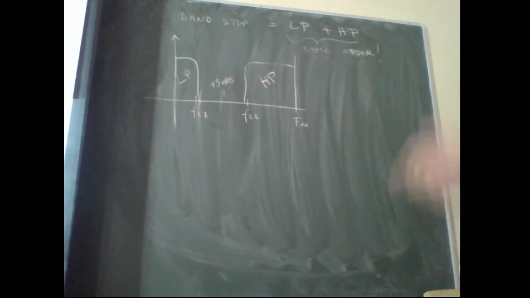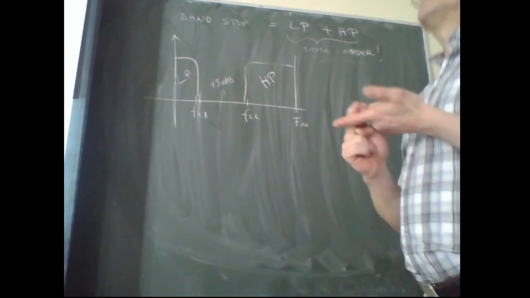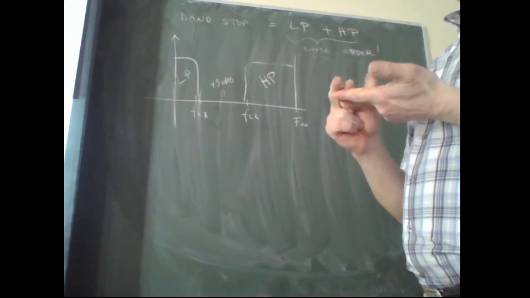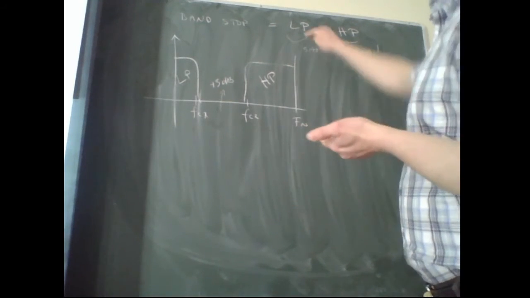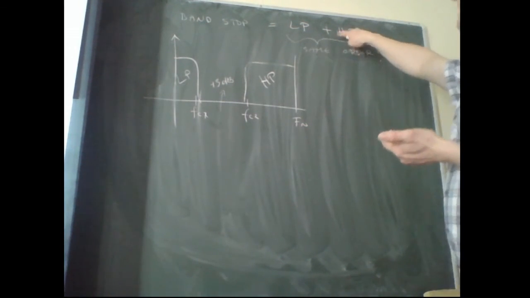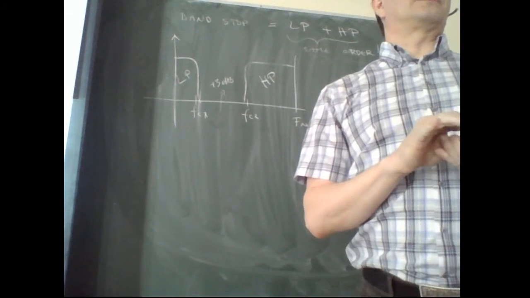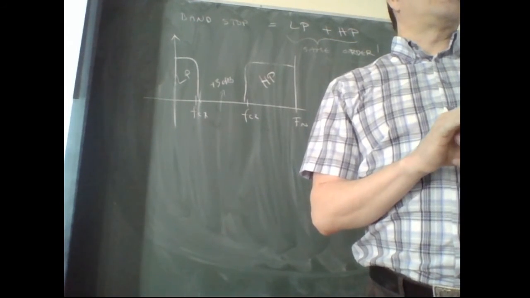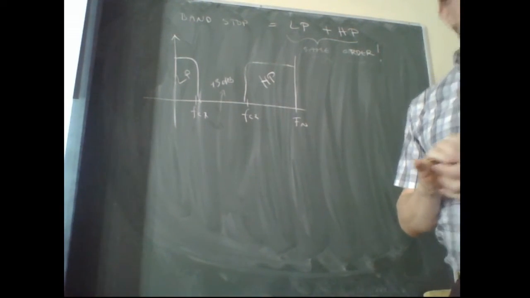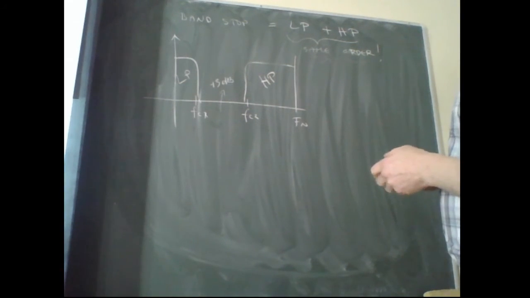Okay, good. Low pass to band pass, low pass to high pass, and then low pass plus high pass is band stop. 4 different filters with one single tool. Good.